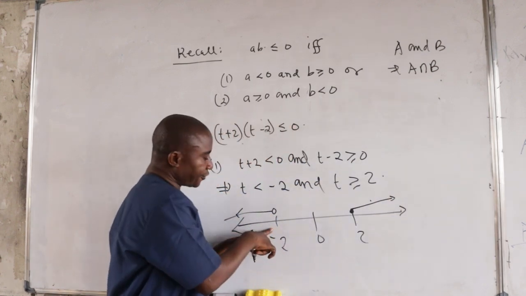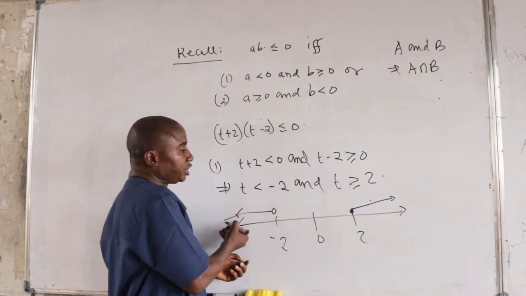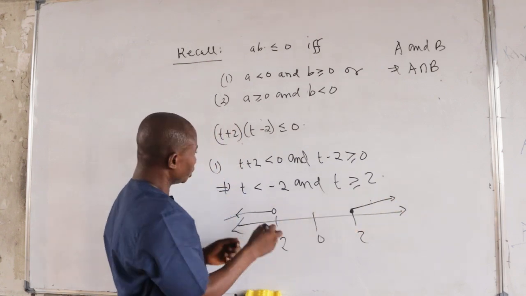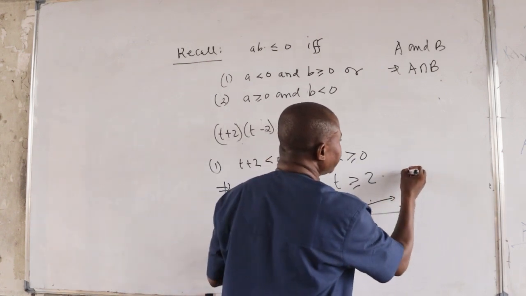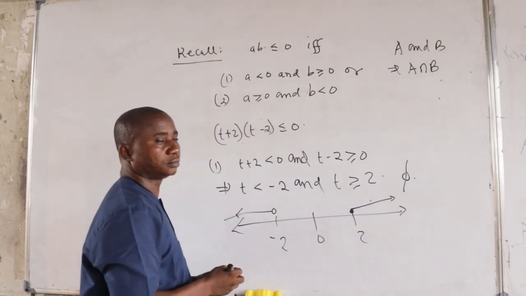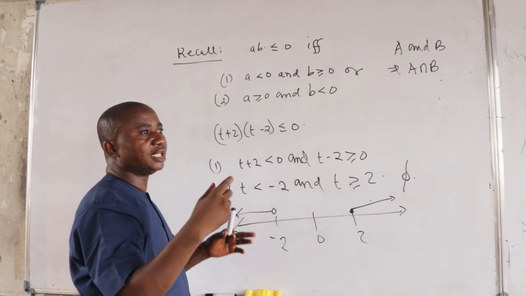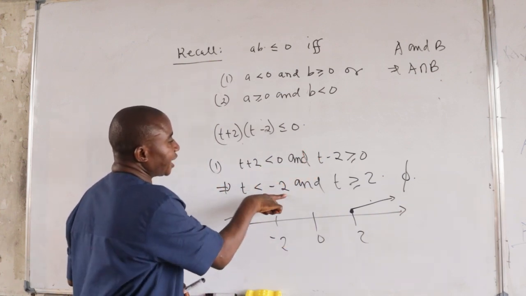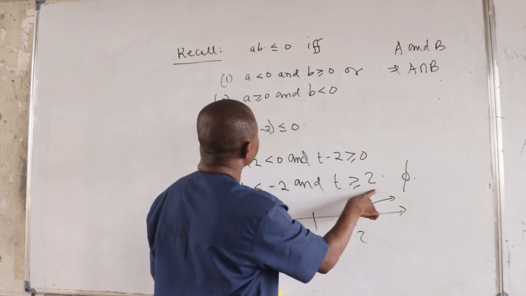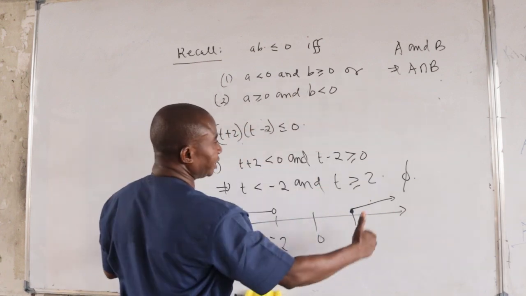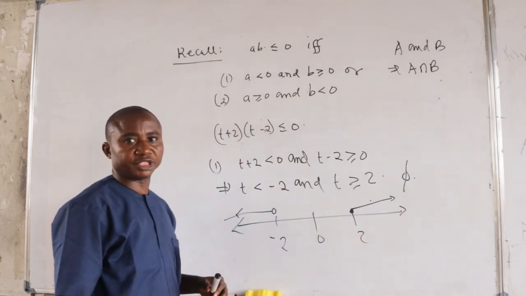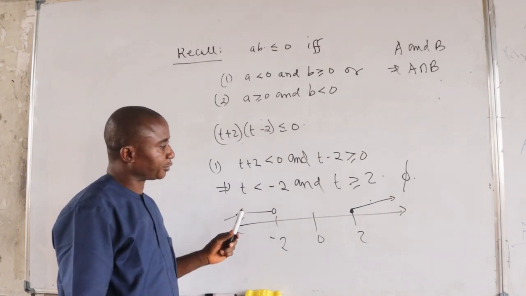If you look at the graph, there is no intersection between this set and the other set. So the first case generates an empty set for us. Meaning, you cannot get any real number satisfying this and satisfying that, such that this is true. So in that case, the solution set is empty.